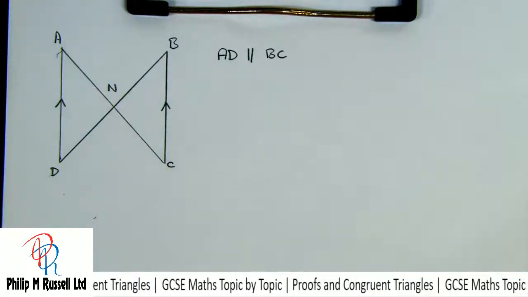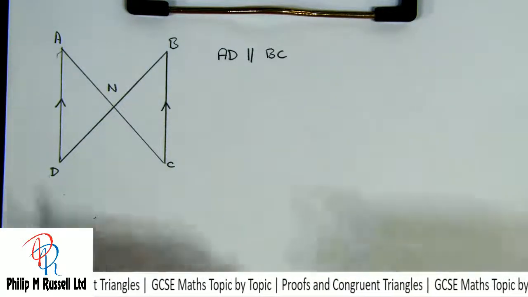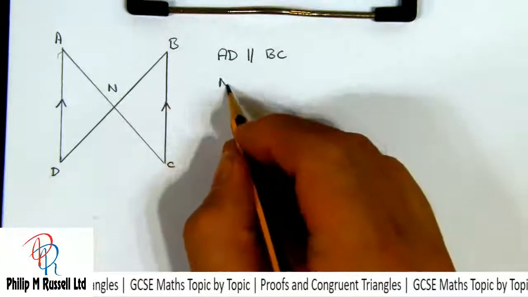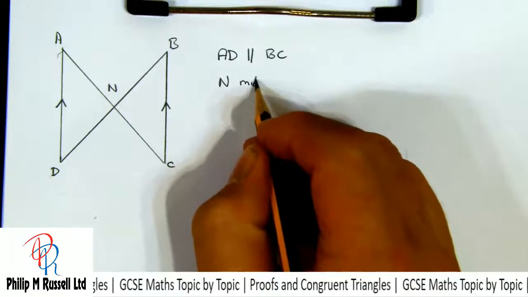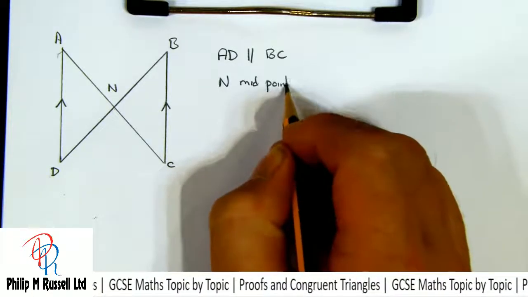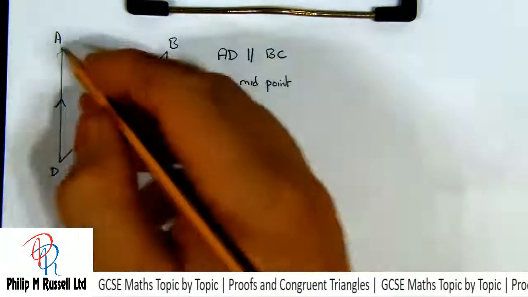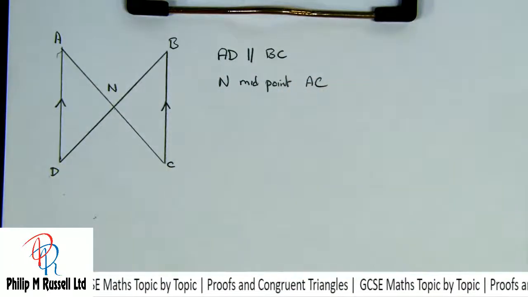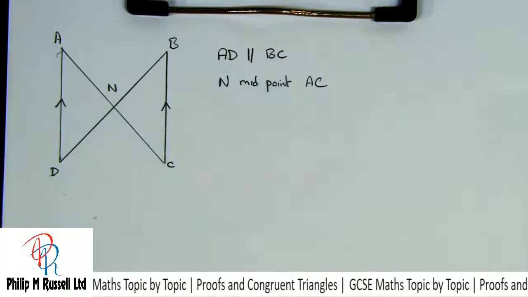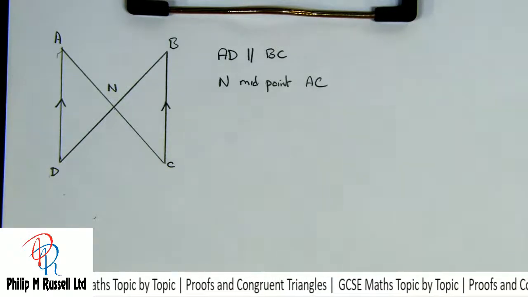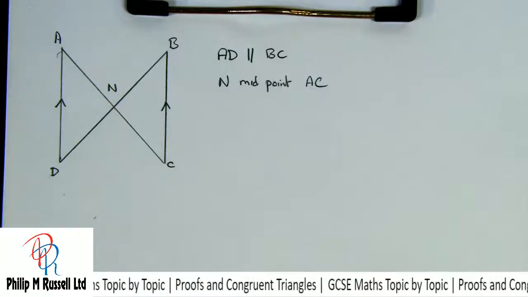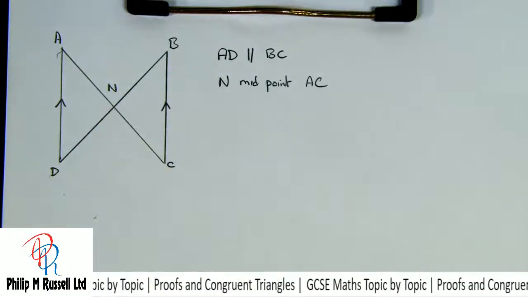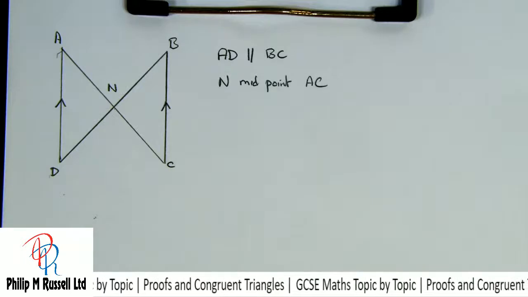And we're told that here N is the midpoint of the line AC. Let's see if we can work out whether these triangles here, ADN and BNC, are congruent to each other.